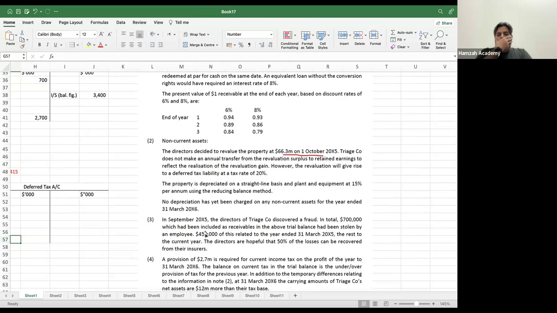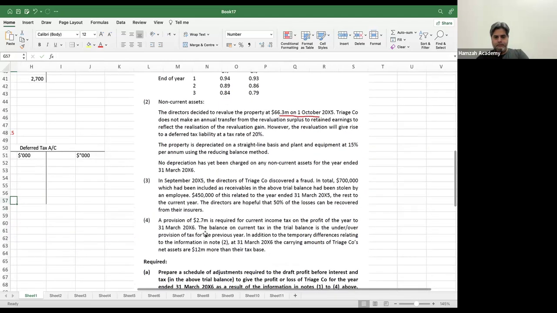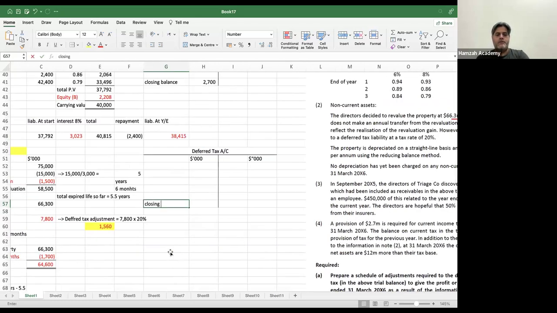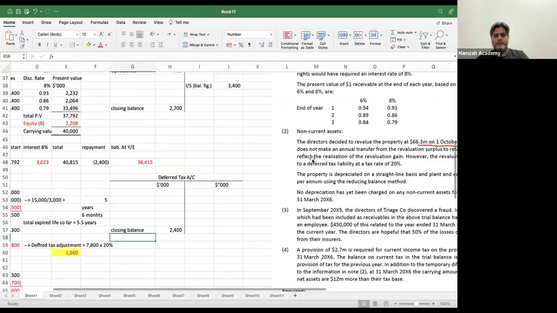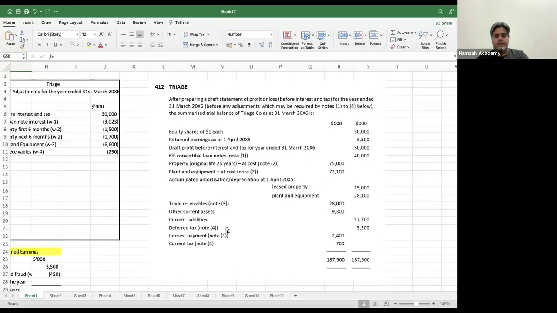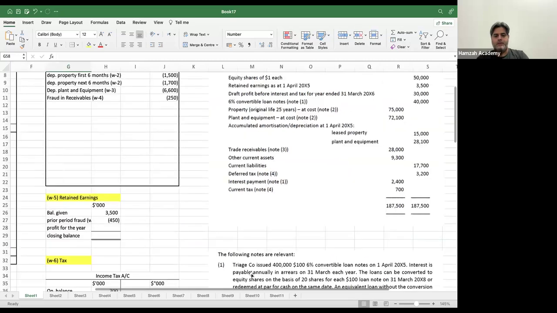Then, in addition to the temporary differences relating to note 2, at 31st March the carrying amount of trial net assets was 12 million more than their tax base. So the closing balance, 12 million into the tax rate, is 2,400. Deferred tax opening balance is 3,200.